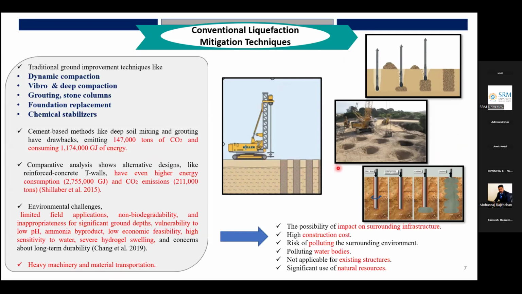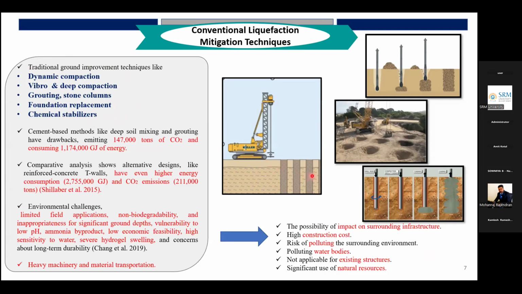All this is basically a large energy-consuming process, using natural resources and cement-based material, the cement manufacturing process, and consuming those cement-based materials in the ground, so a lot of challenges. There is the possibility of impact on surrounding structures. Suppose the method you are selecting is an existing conventional method: dynamic compaction or vibro deep compaction, grouting, stone column, or chemical stabilization.